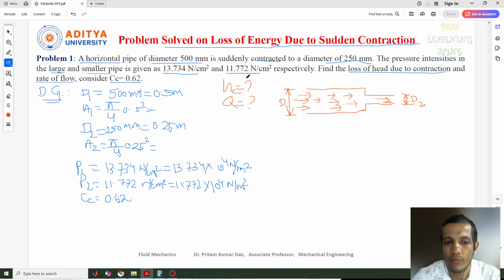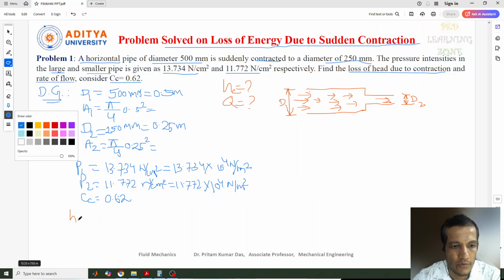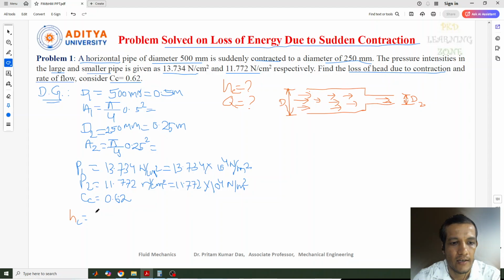So Hc equals, we know that formula, we have seen it in the previous lecture. Hc equals V2 square by 2g, into bracket 1 by Cc minus 1, whole bracket square.